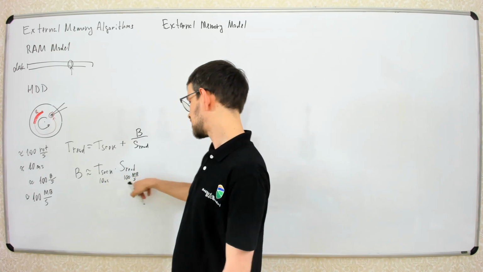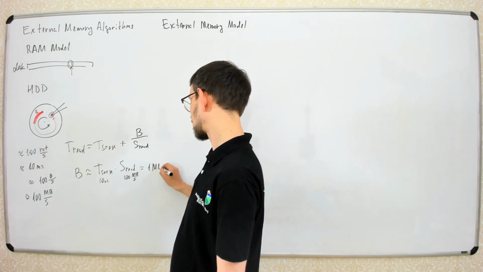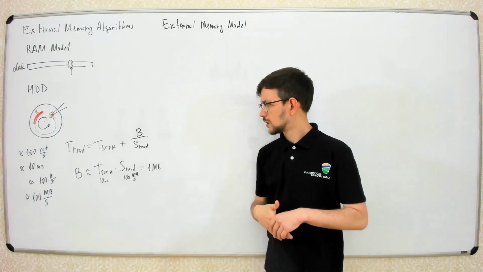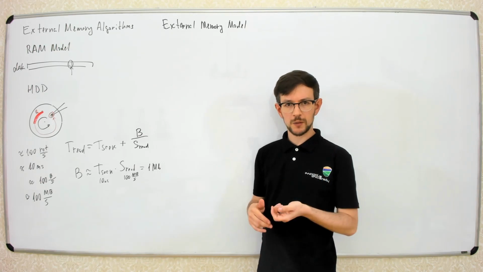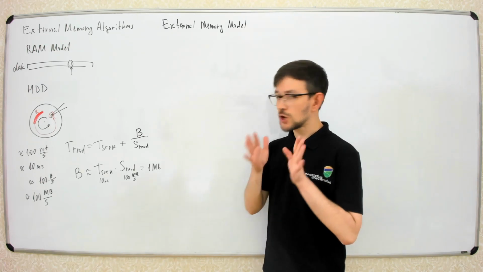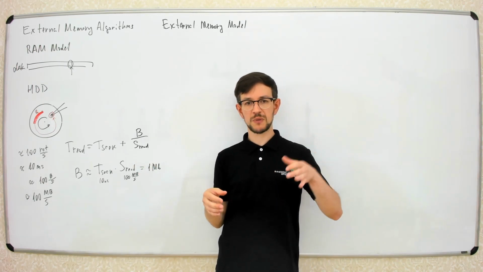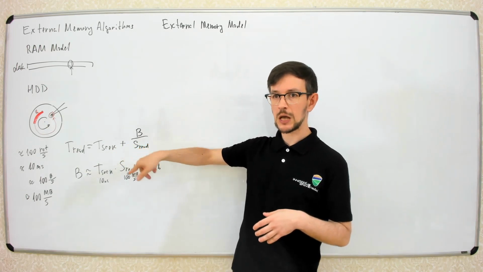If we multiply these, we will have something like 1 megabyte, right? So it's kind of optimal to read information in blocks of 1 megabyte. It's not efficient to read data in smaller blocks because we will spend a lot of time on these seeks and not on these reads.